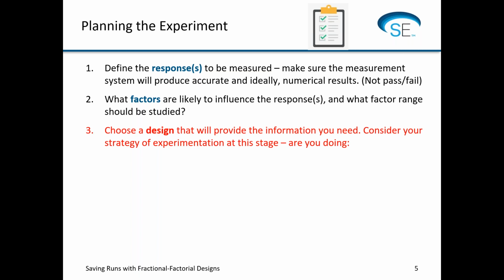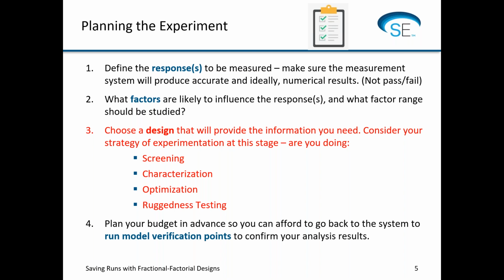Step 3 is what we are going to be focusing on today: choosing a design that provides the information that you need. We're thinking about the strategy of experimentation at this stage. So are you doing things like screening, characterization, optimization, or another topic, ruggedness testing, or showing the robustness of your design space? We will talk about those in this little segment.